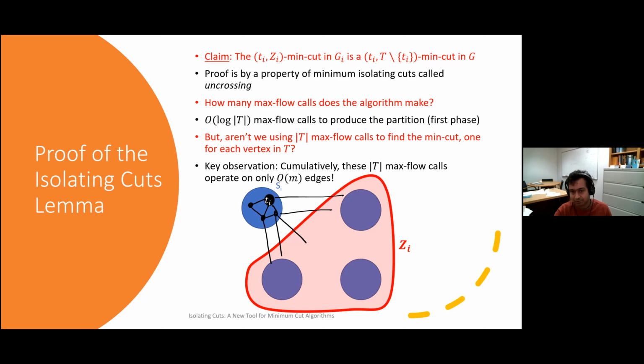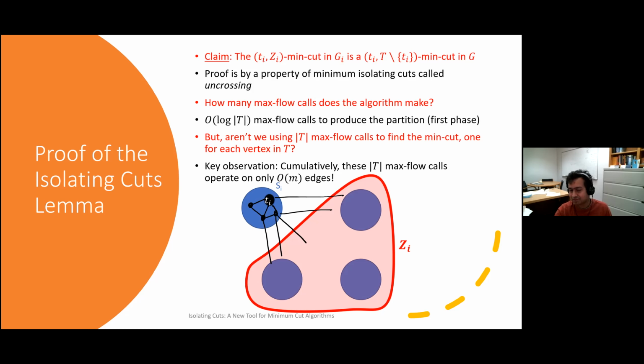The first are edges that are internal to Si. Of course, these edges are unique to this particular max flow call. An edge that's internal to Si is not going to be internal to any other Sj. Therefore, the edges inside Si are exclusive to only one of these T max flow calls. And then there are edges that interface between Si and Zi.